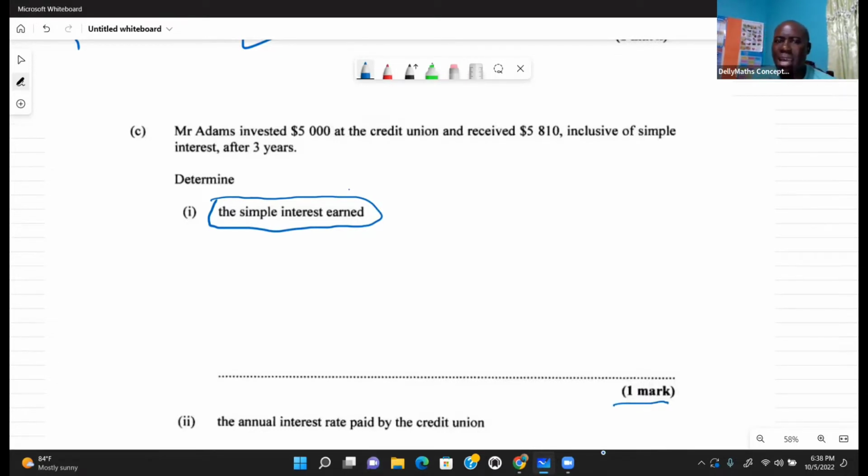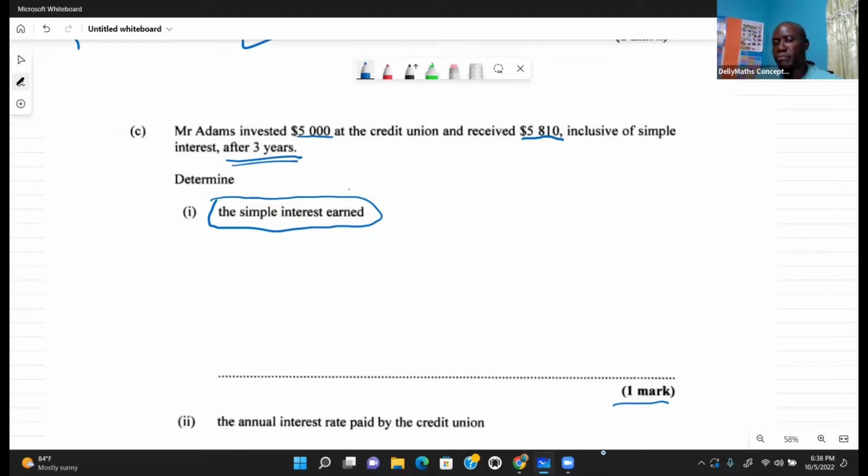It says, Mr. Adams invested $5,000 at the credit union and received $5,810. You see that? He invested $5,000 and then received $5,810 inclusive of simple interest after 3 years.